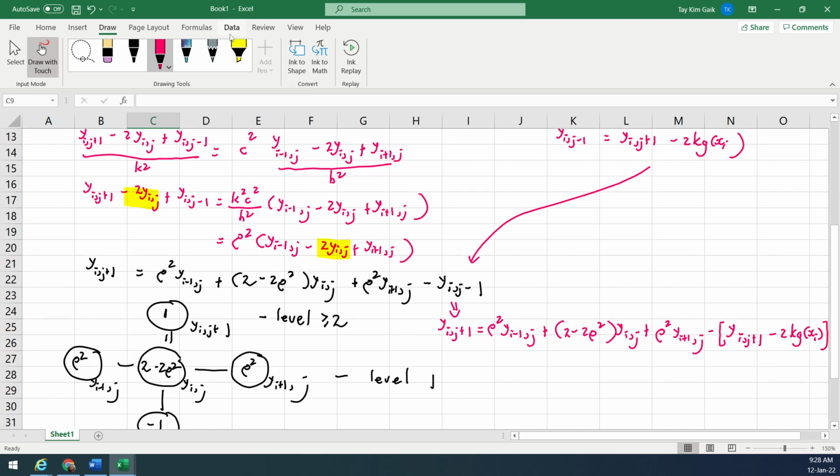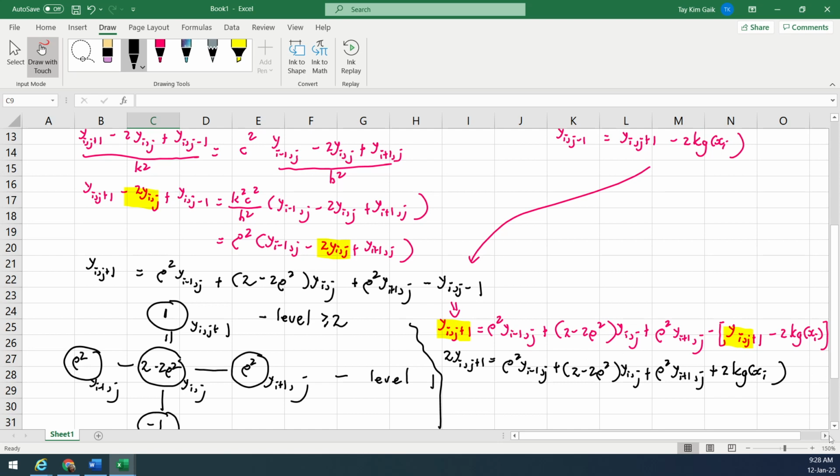So this term and this term, you collect, in total we have 2 times yi j plus 1 equal to rho squared yi minus 1 j plus 2 minus 2 rho squared yi j plus rho squared yi plus 1 j. So minus minus becomes positive 2k g xi.